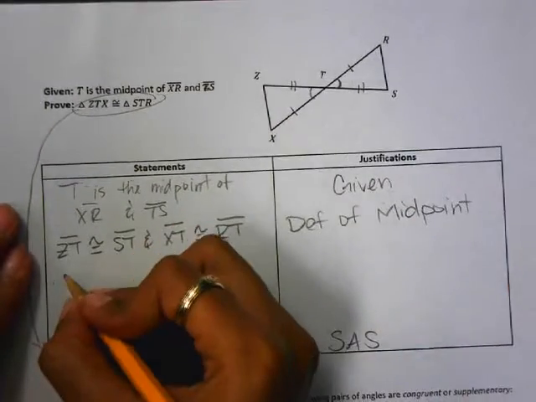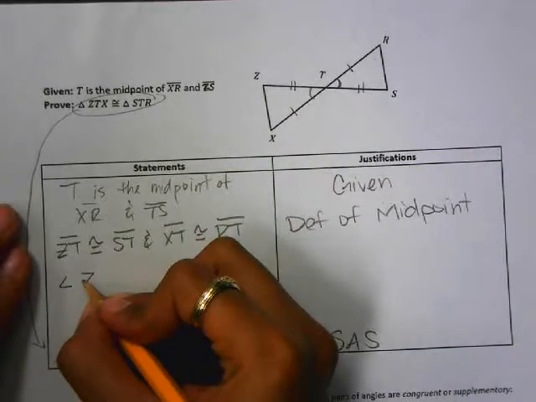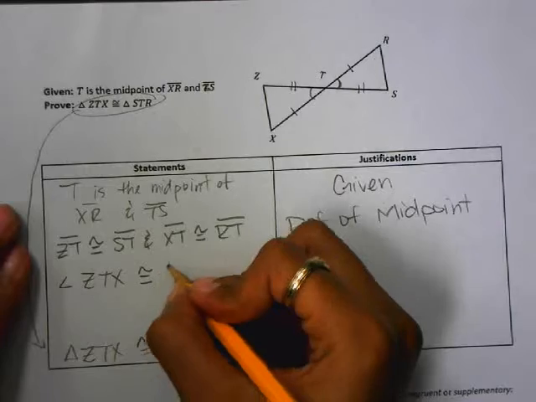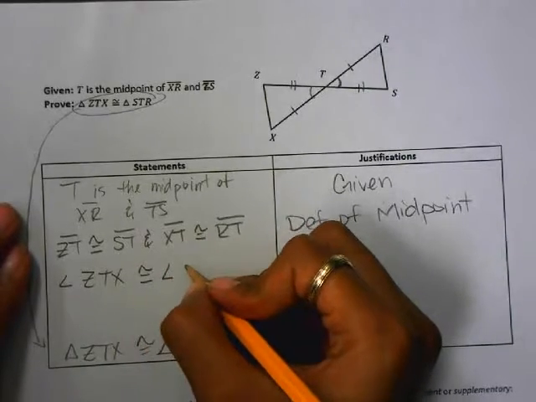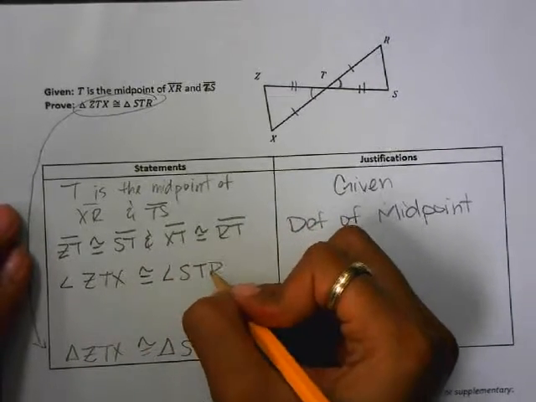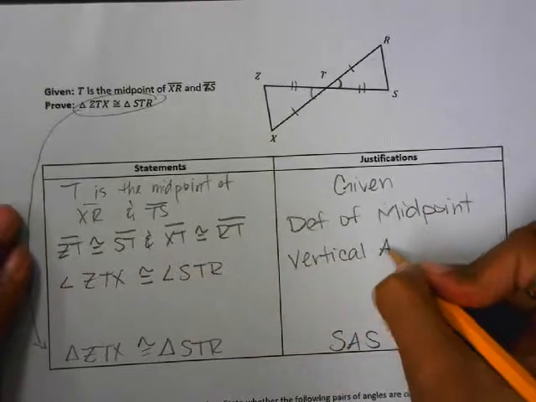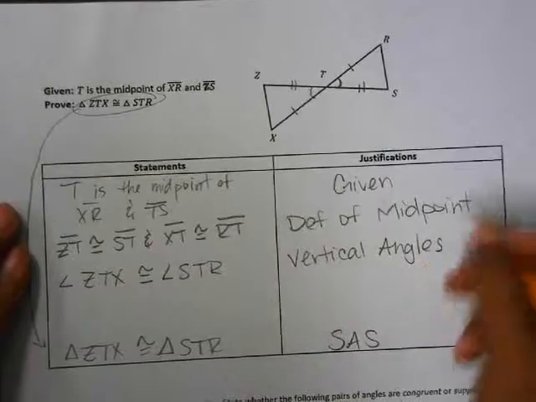And angle ZTX is congruent to angle STR because of vertical angles. Okay?